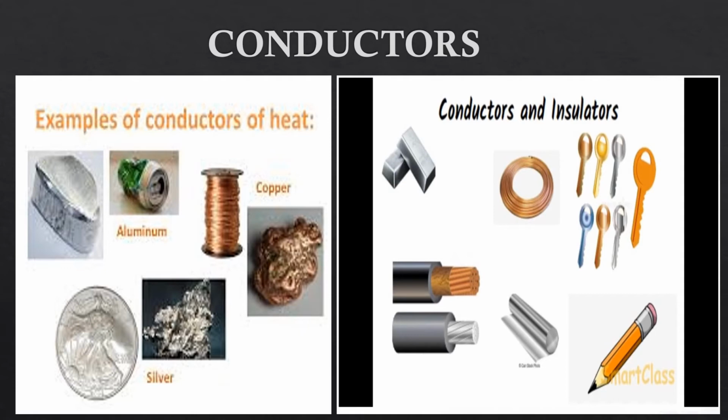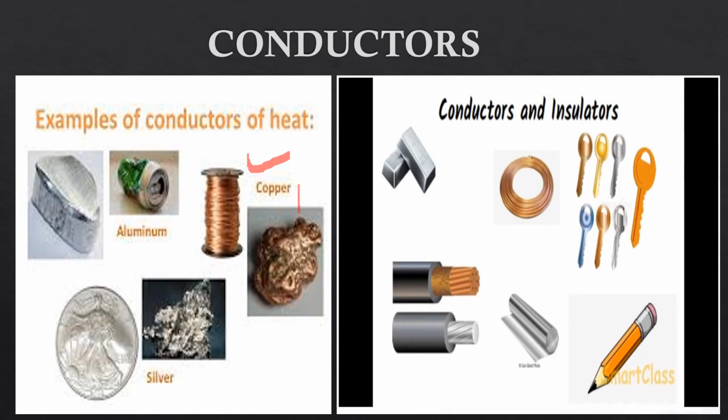Some conductors are silver, copper, aluminium, etc. You are observing in the first diagram, copper, aluminium, silver, these all are conductors. Besides this, we use only copper wire inside the electric wires. What is the reason behind this?